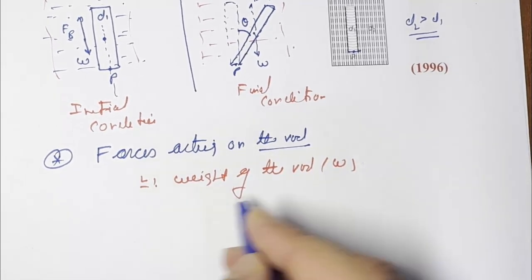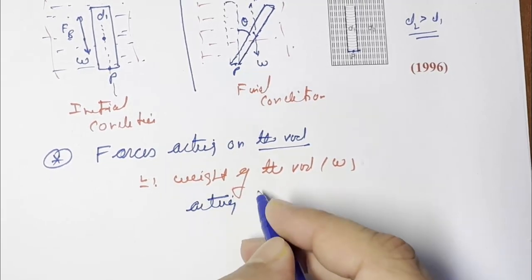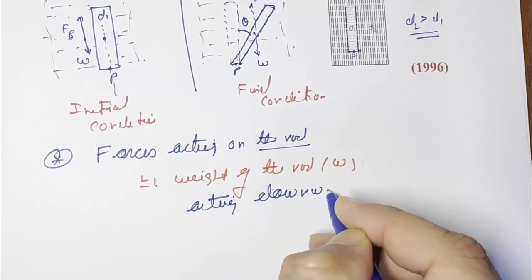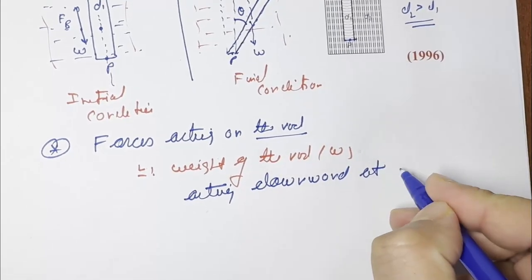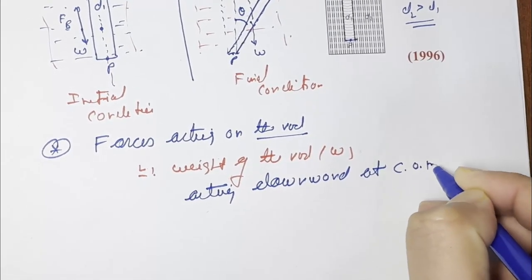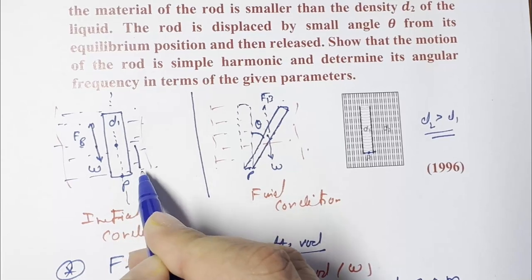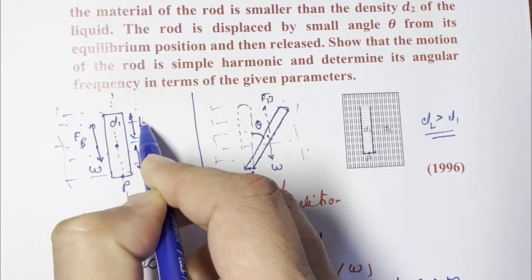Weight of the rod acting downward at the center of mass. Okay, so the total length is given as L, so it will be L by 2 and L by 2.